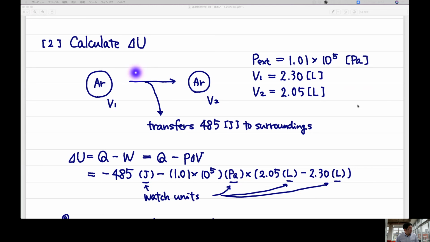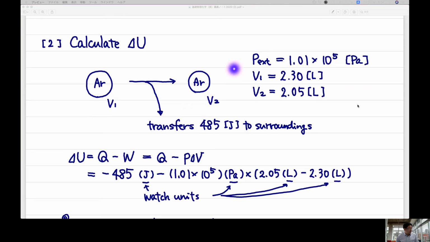You can see the balloon here with the volume V1. This is also another balloon that contains the argon gas with the volume V2.